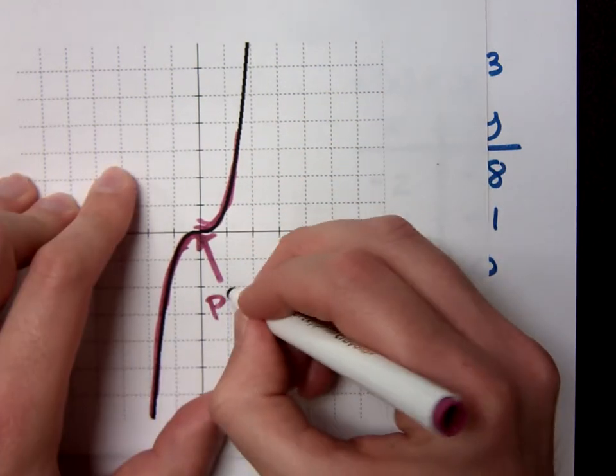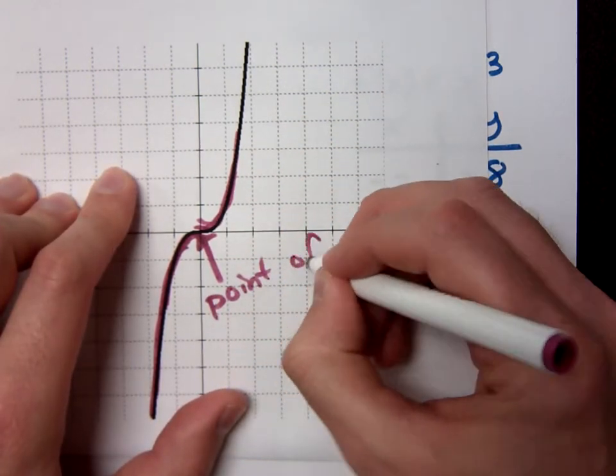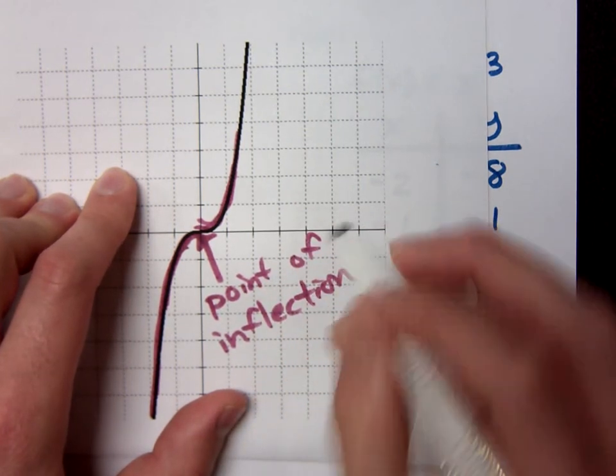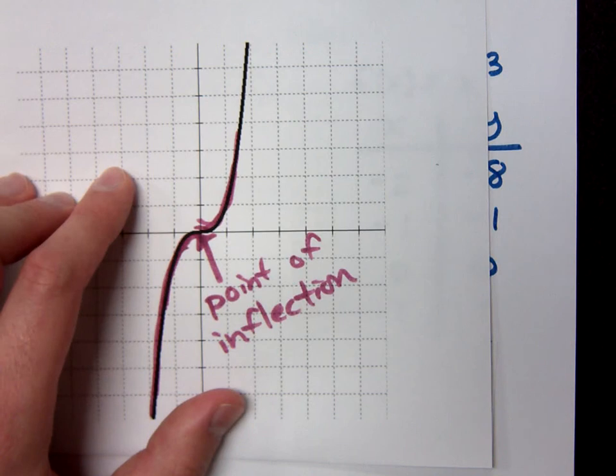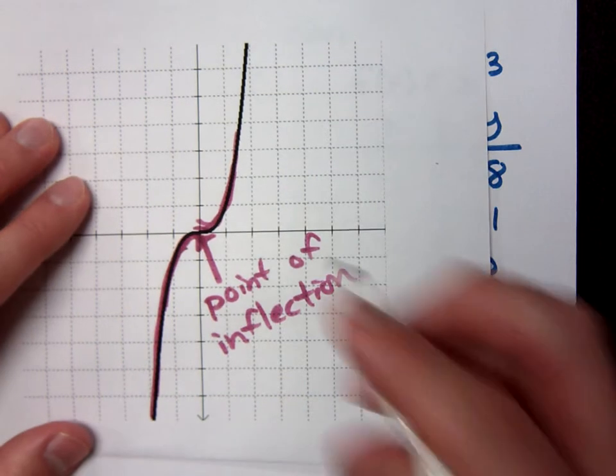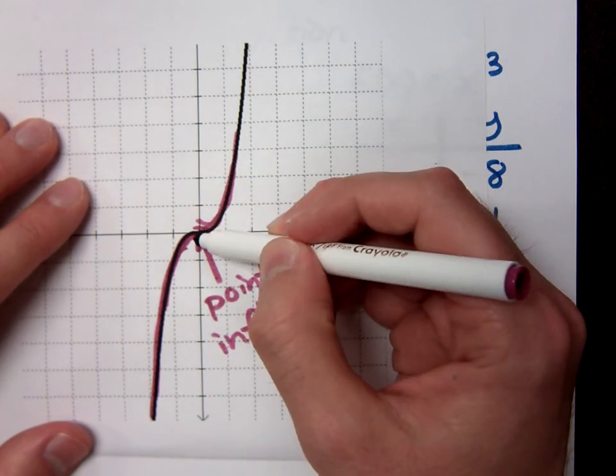this is called a point of inflection. And that's something that you would find if you were to go on to take calculus. Calculus will tell you how you can find the slope at any point on a graph. And you can also find these points of inflection.